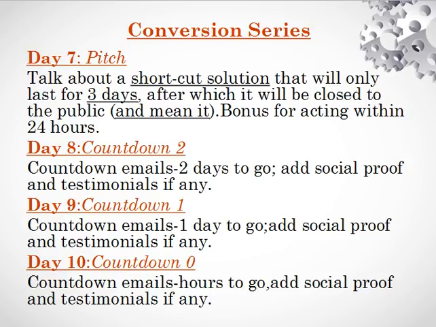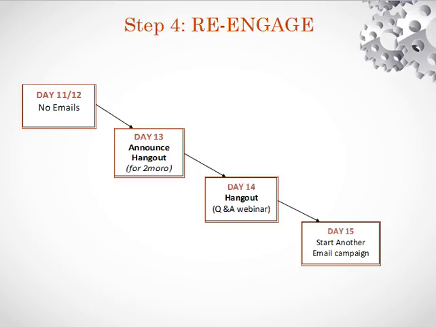You don't want to be left out, and I might not open this up for you anymore. Again, it could just be the last. So on the 9, you have the countdown, 1 day to go, and on the 10, you count it in hours.